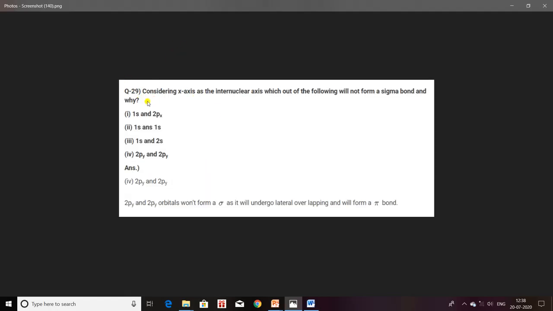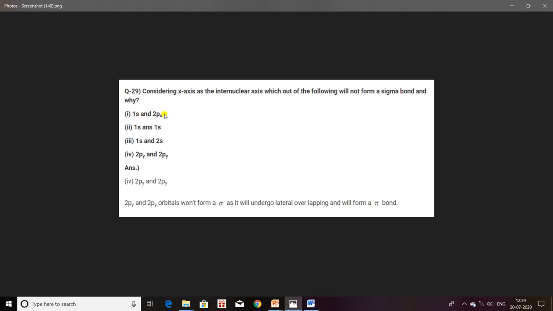Question number 29. Considering x-axis as the internuclear axis, which out of the following will not form a sigma bond and why? Sigma bond is formed by end-to-end overlapping. If axis is x-axis, then these orbitals should be on x-axis.